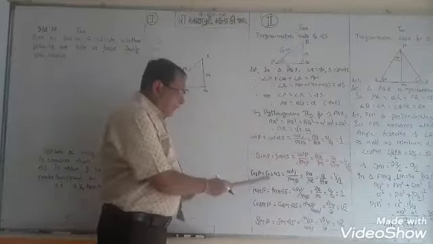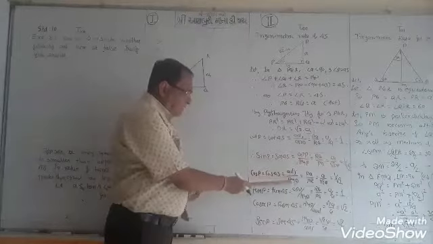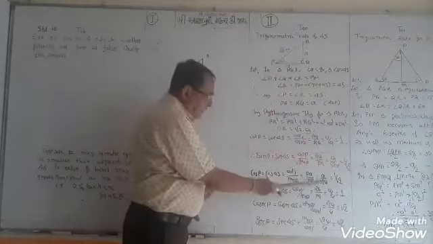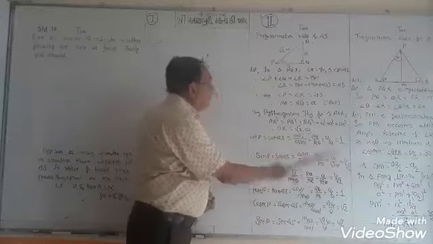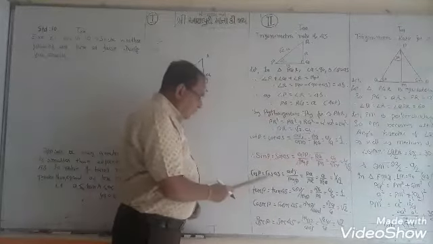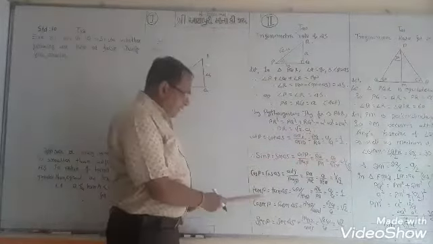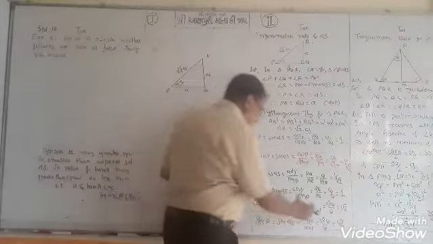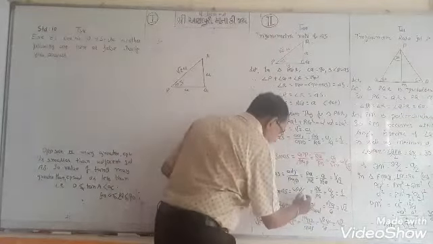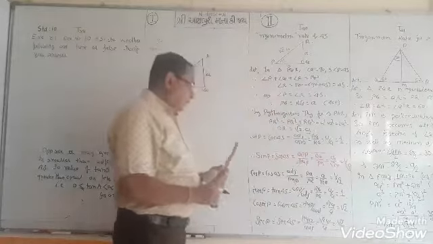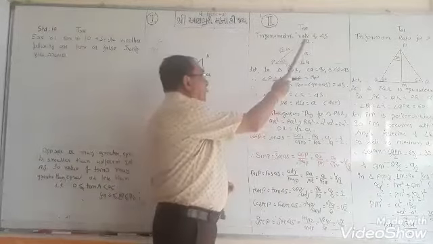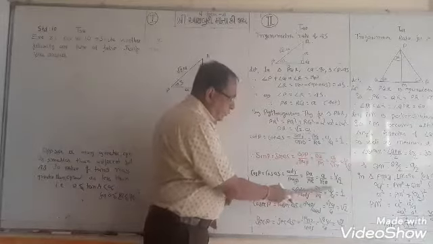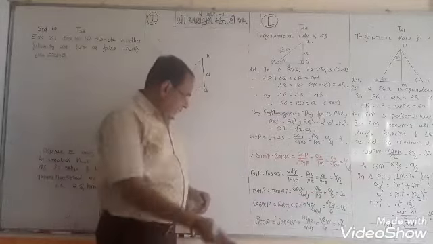Similarly, cos of P, cos 45, adjacent upon hypotenuse, PQ upon PR, A upon root 2 A, 1 over root 2. So cos of 45 is equal to 1 over root 2. Tangent of 45, opposite upon adjacent side, PR upon PQ, A upon A is equal to 1.